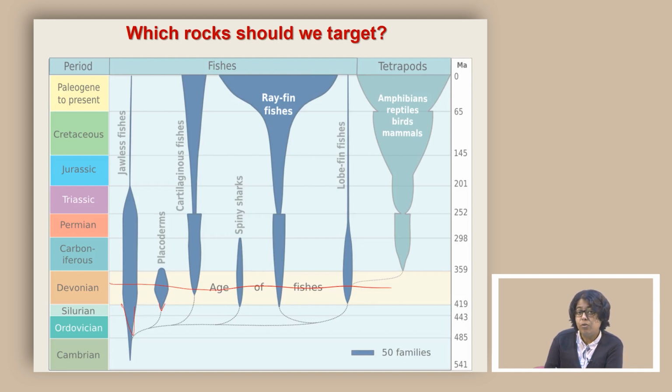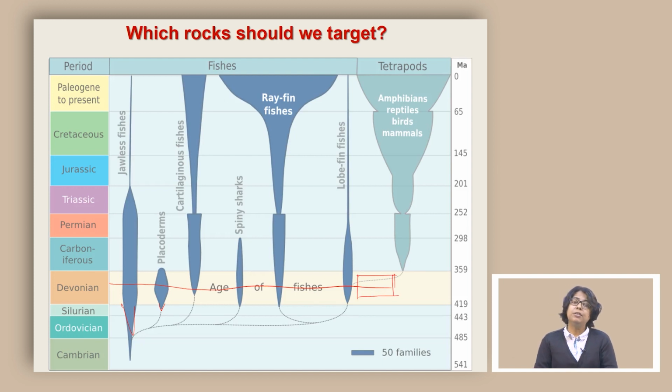So, a time when we can find this transition cannot be before Devonian, because before Devonian we do not really have that many fishes that we can expect to see a change. It cannot be after Devonian because we already started finding the tetrapods. So, therefore, the correct time to target would be a time within Devonian, probably middle to late Devonian.